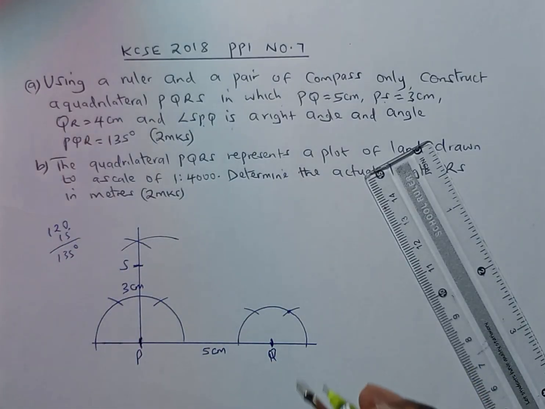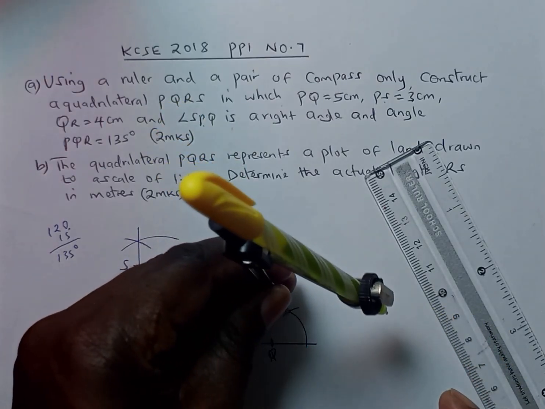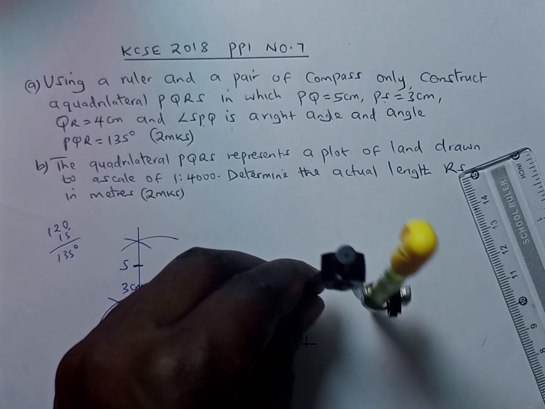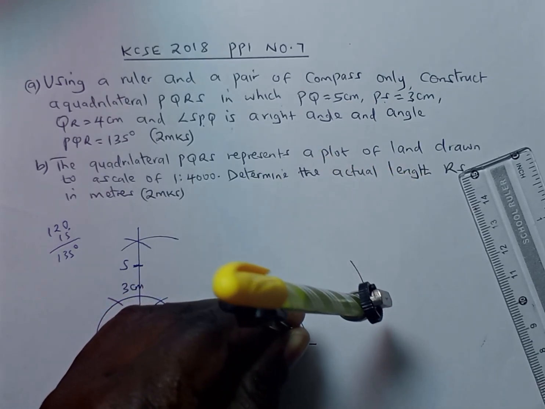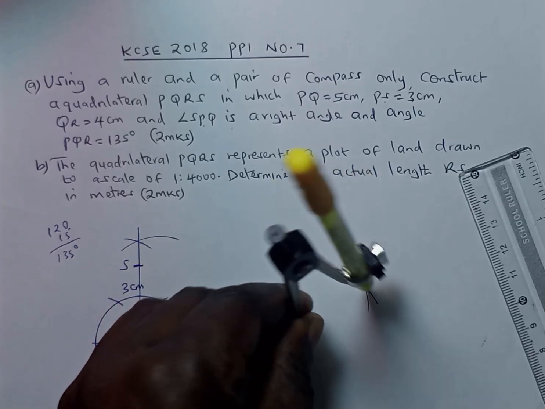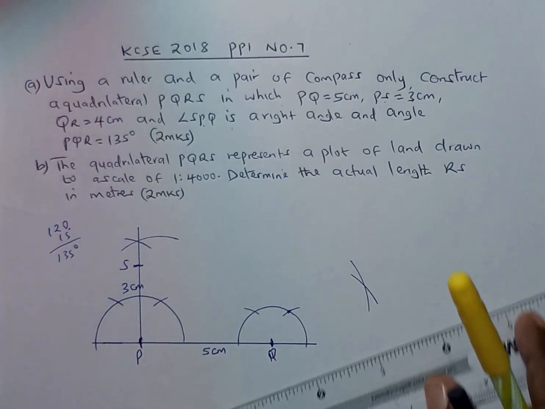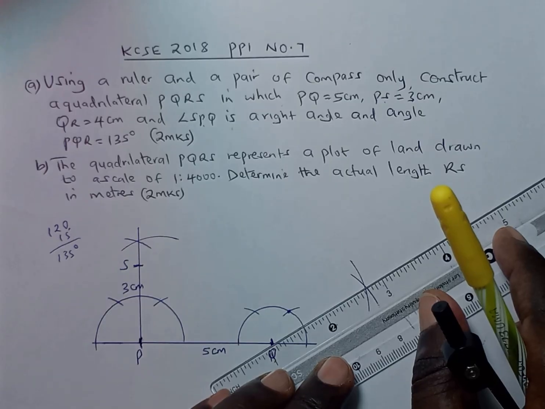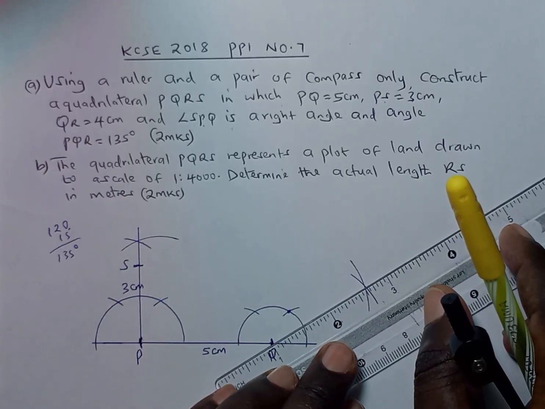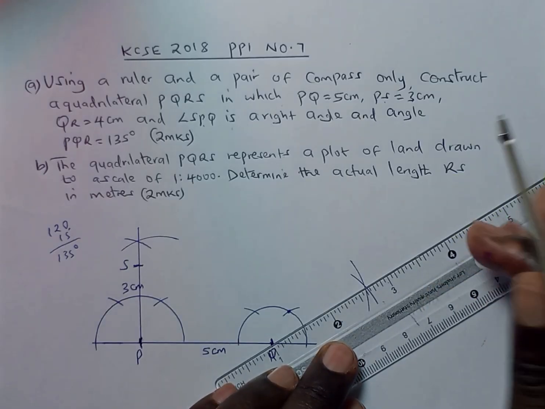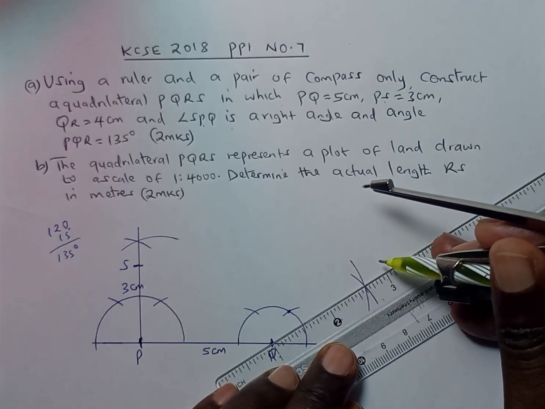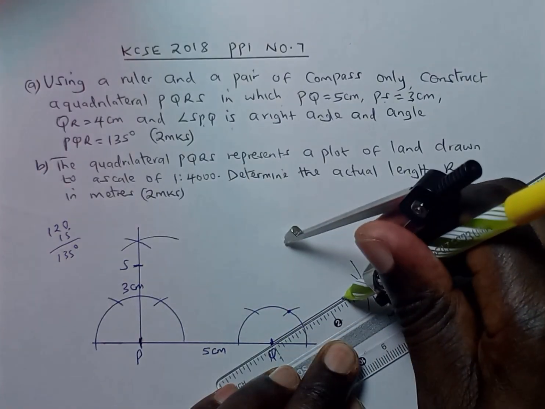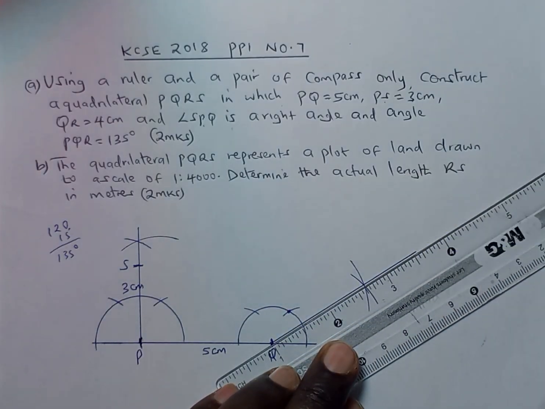So what we are going to do, we are going to divide this angle into 2. That is 60 into 2, then divide it again further. We have split 60 into 2 like that.